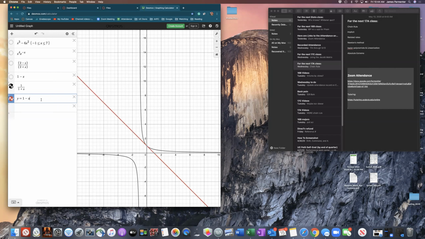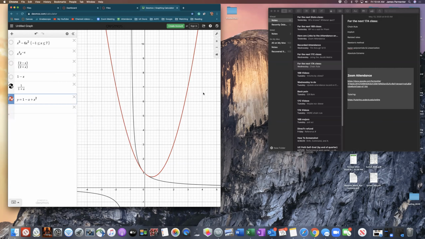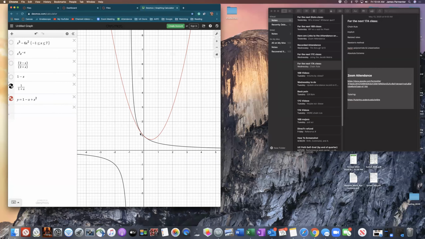But now if we add on the next term, here's the 2nd-degree Taylor approximation, and look at that. The approximation is of course going to be good at the center, the point we're approximating at, and as you move away from that, it's going to get less good. But you can see this is a much better job of approximating the function than the straight line was.